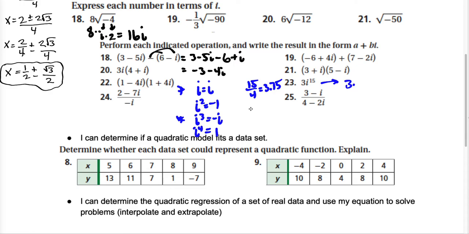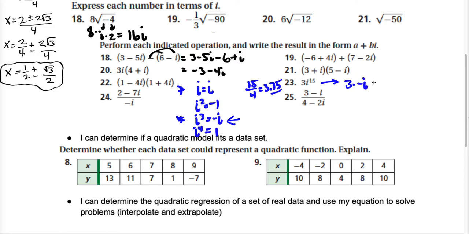Or you could just multiply 4 until you get a number close to 15, which is 16, and then you just subtract 1. Yep, you could definitely do it that way too. Whatever makes sense in your head, do it that way. The 0.75 was the same thing as a remainder of 3, which would tell me I'm going to change i to the 15th into negative i.